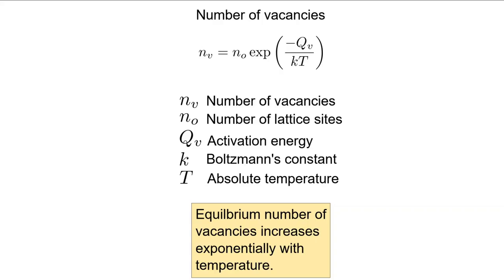There is an activation energy for forming new vacancies, which at low temperatures is minimal, but as temperature increases, there are an increasing number of vacancies which are created. The end result is that the number of vacancies increases exponentially with temperature. This is a big implication for the rate at which diffusive transport of host or substitutional atoms can occur as a function of temperature.